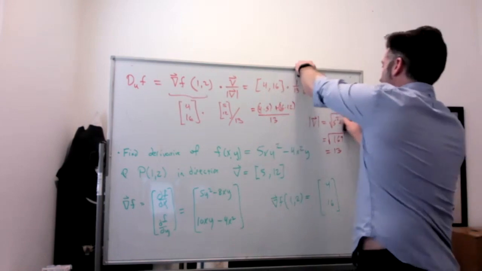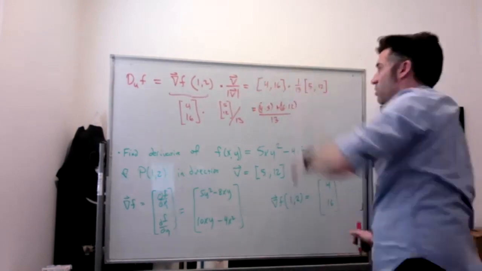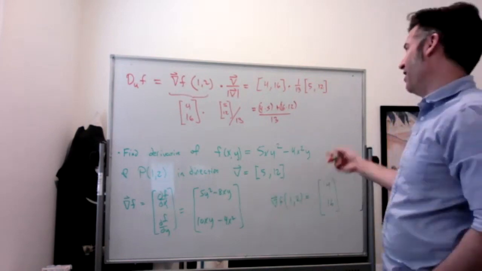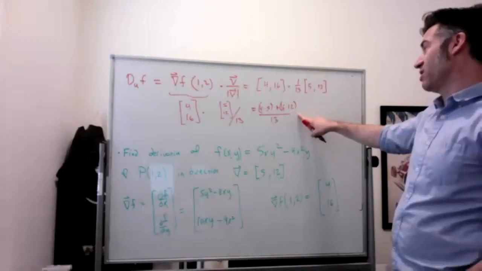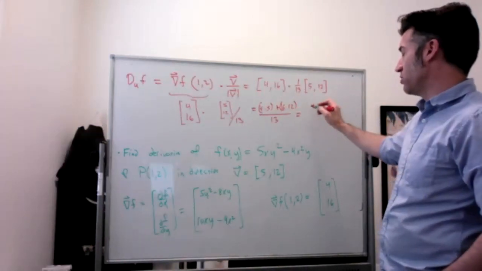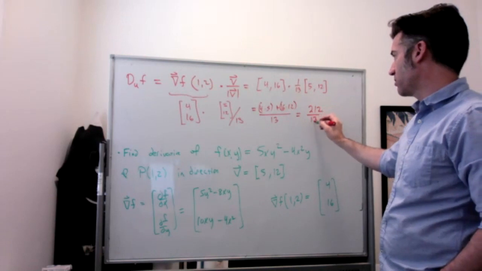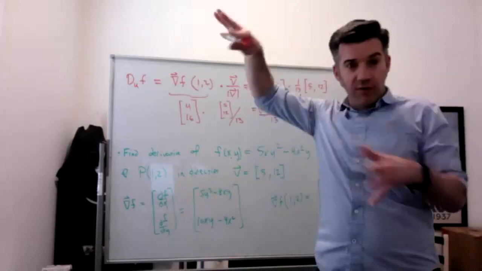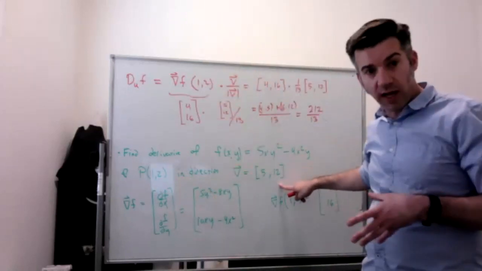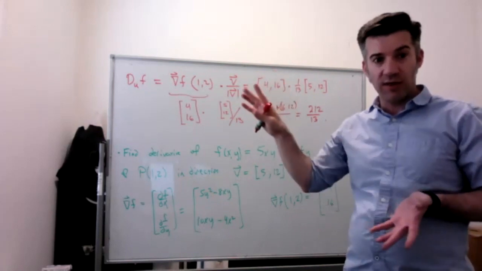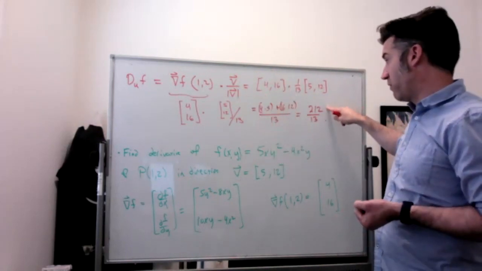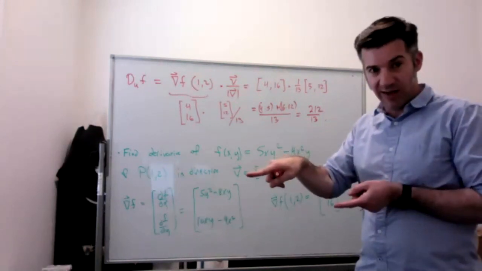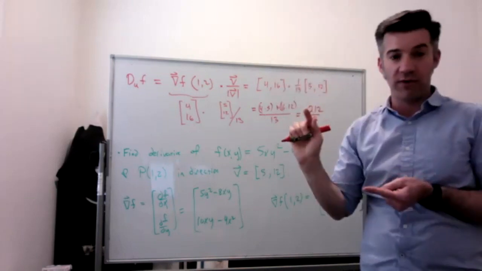That's going to be some ugly number. 16 times 12 is 160 plus 30, which is 192. So you get 20 plus 192, which is 212, divided by 13. That tells us that at that point on your surface, in this direction, the steepness of the surface is a slope of 212/13, meaning that if you move 1 unit in that direction, you're going to go up 212/13 of a unit.